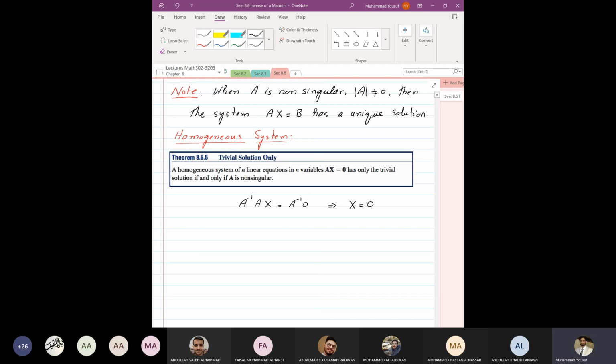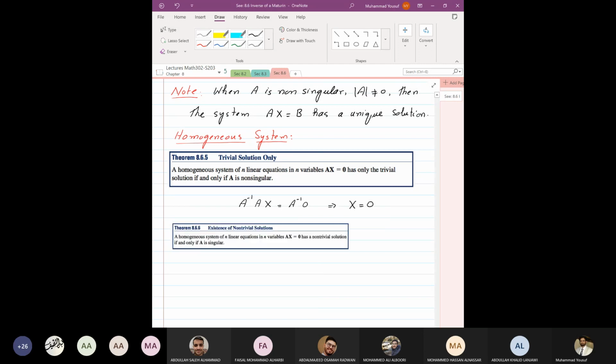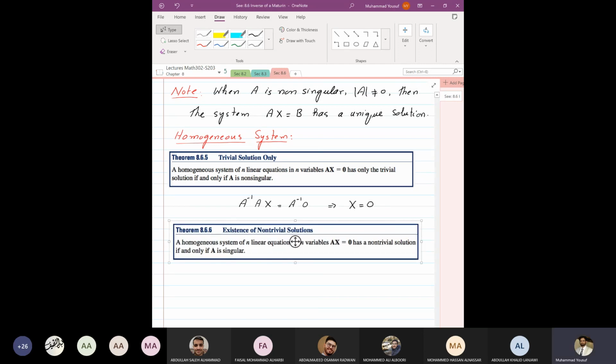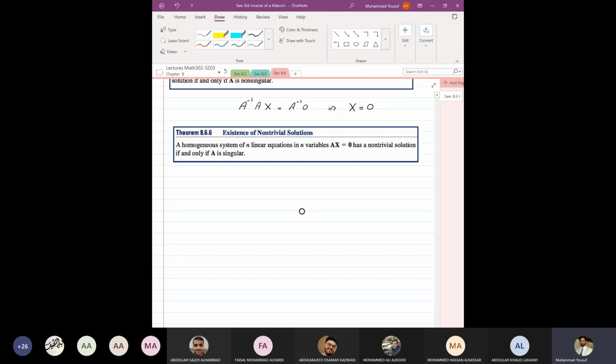The next theorem is for a homogeneous system with a non-trivial solution, that is, when A is singular.